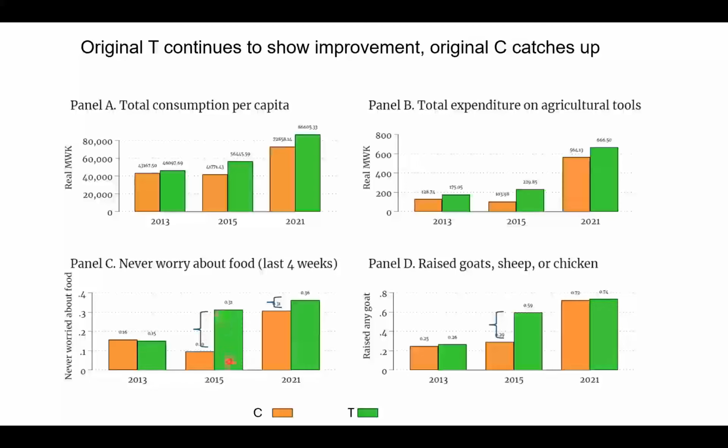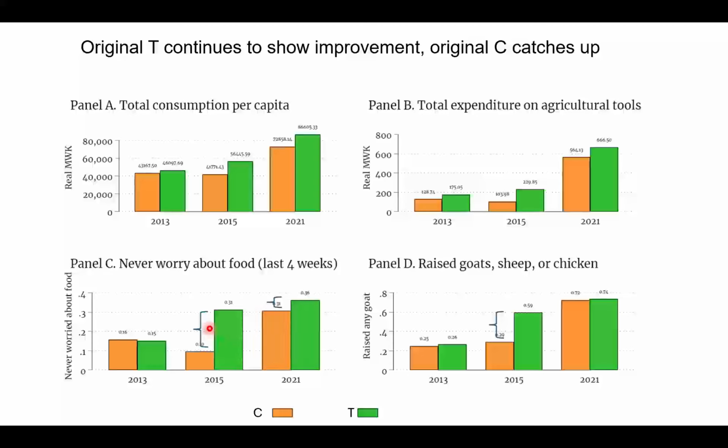Then in 2015 you see this huge separation, the 0.65 standard deviation effect I showed you. Then everyone is improving, but the control group has shot up, and they've essentially caught up.